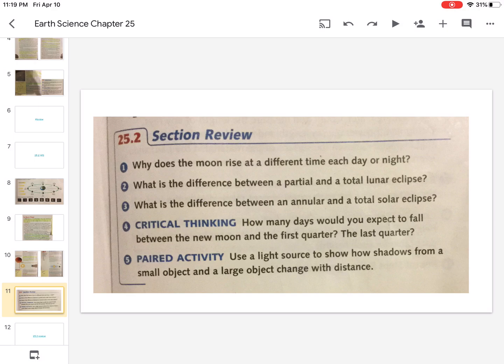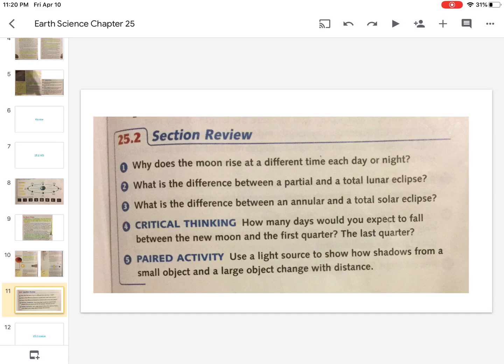Okay, let me skip that one. Oh no, I found it. Sorry about that. Okay, page 564. No, I didn't. Okay, let's just skip it.